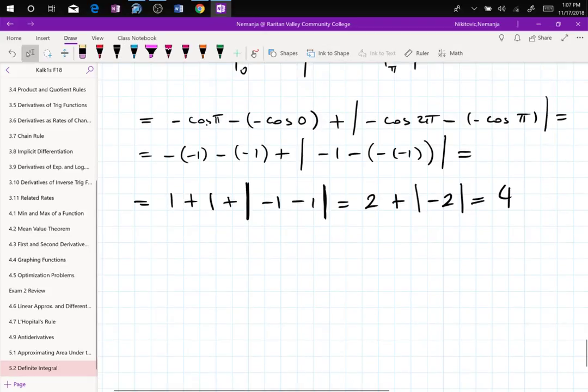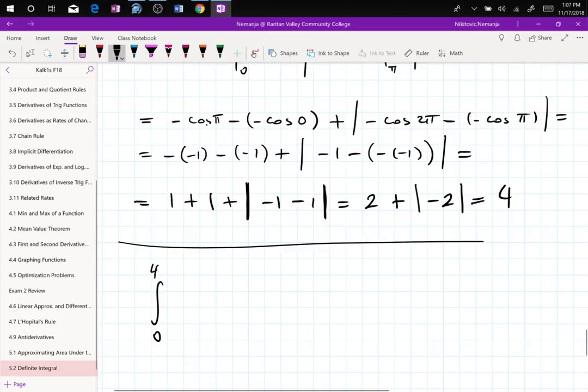So make sure you distribute and then do all the proper things. I modified the problem, so it's 51 modified. It's not the exact question.